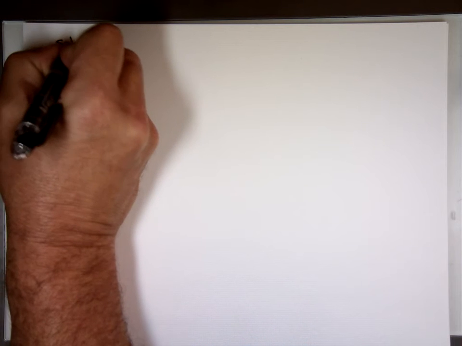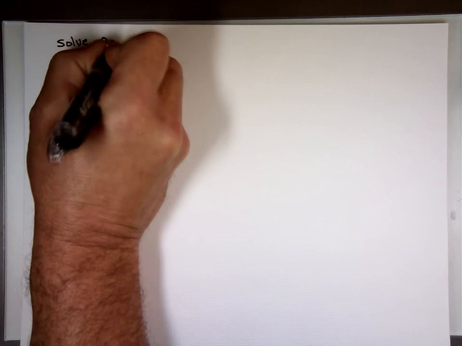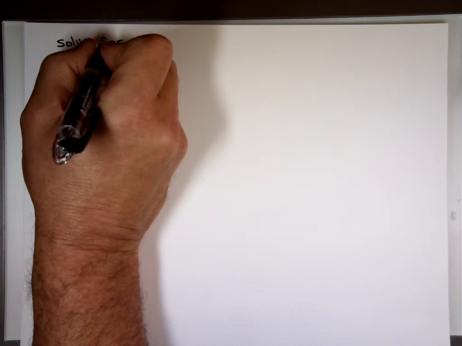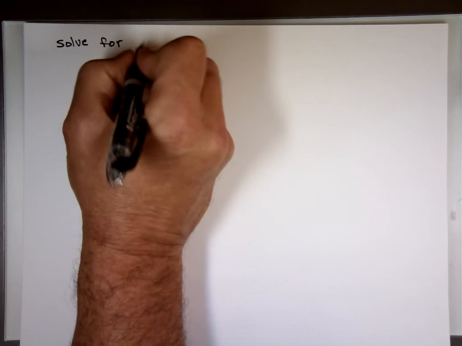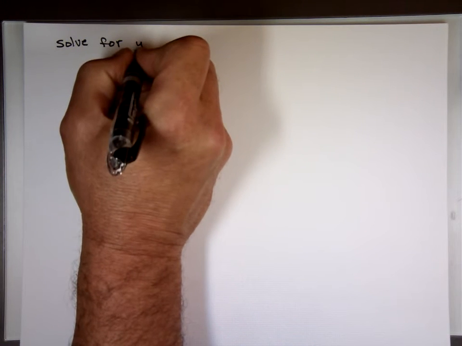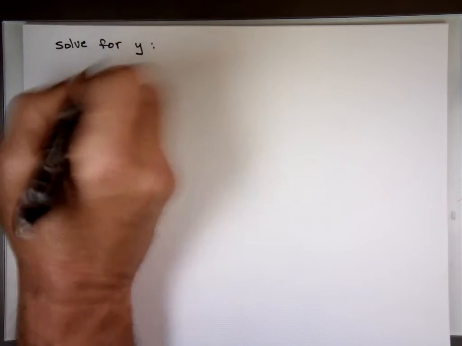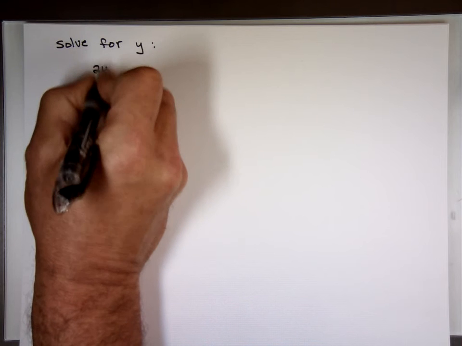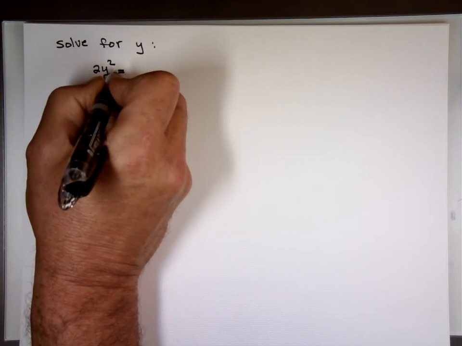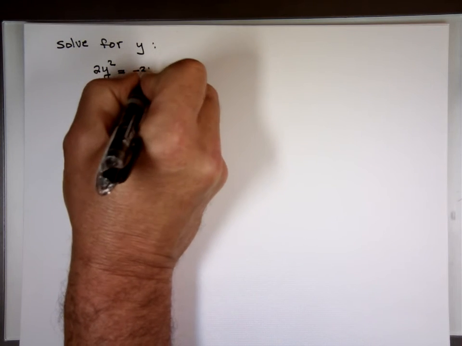Solve for y. Two y squared equals negative 3y plus 1.